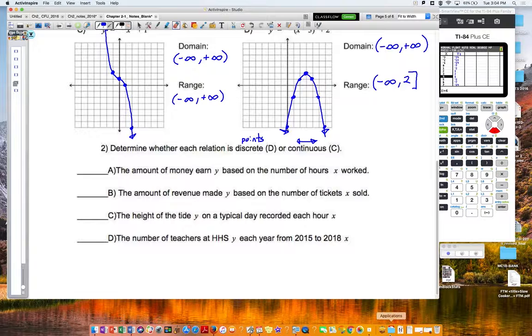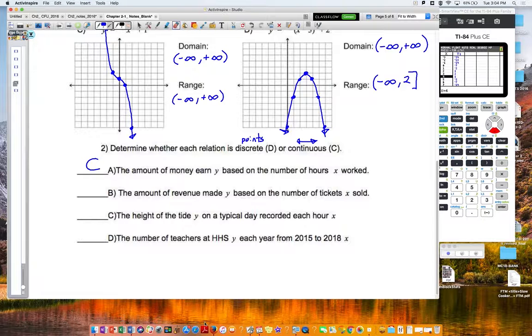So when I look at this one, A, the amount of money you earn, Y, based on the number of hours you work, I start to ask myself, can I work 6.5 hours, 8.5 hours, 6.25 hours? Many companies, if you work hourly, when you punch in and out, will actually pay you to the 100th of an hour. So that you can actually graph like a line. So I look at that as being continuous.